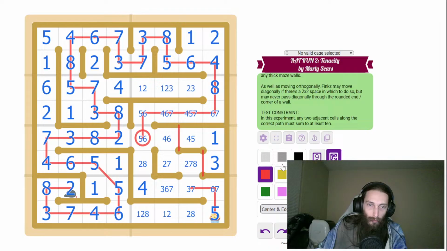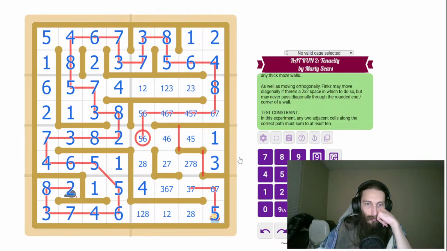And I'm going to go ahead and get rid of these X's, because I've got the little walls here. If I went up, this would have to be an 8 and a 7. 4 or 6. And 5 or 6.